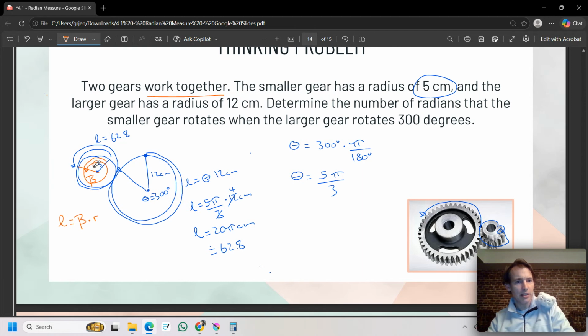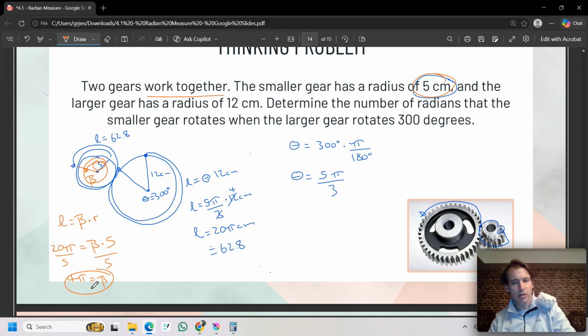The radius in this case is 5 centimeters, and the length we know is 20 pi centimeters equals beta times 5. Now, divide both sides by 5, and you get 4 pi radians equals beta.